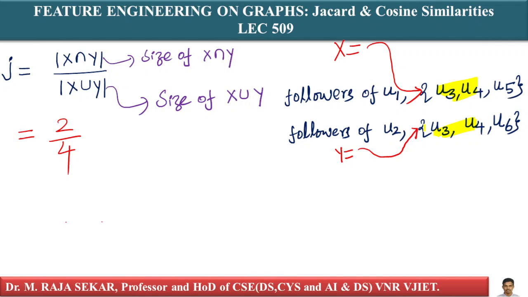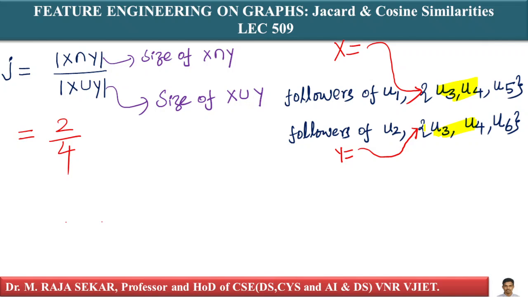Because of all these reasons, if there is a lot of overlap between set X and set Y, the intersection here is 2 and there are 4 elements in the union. Therefore, what is the value?